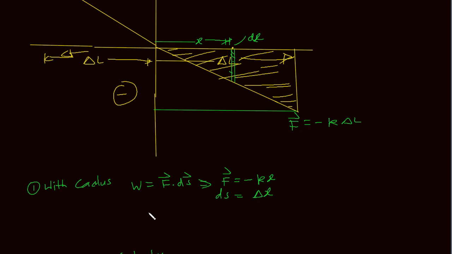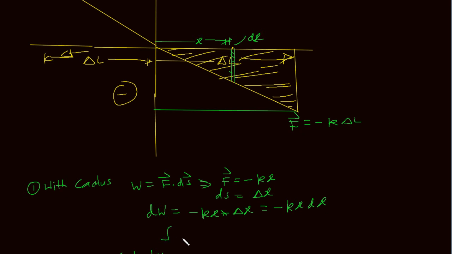So in this small slice, let's call it dW, the work done is minus kx multiplied with delta x, and if this is very small, we can also write it as minus k x dx.